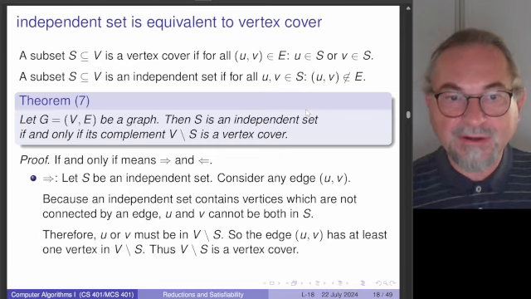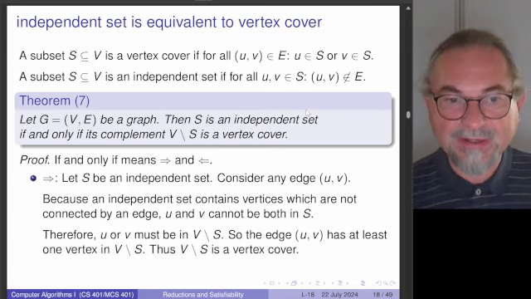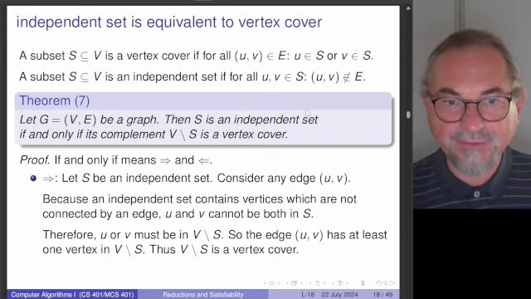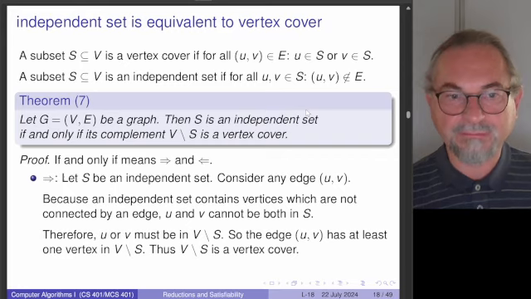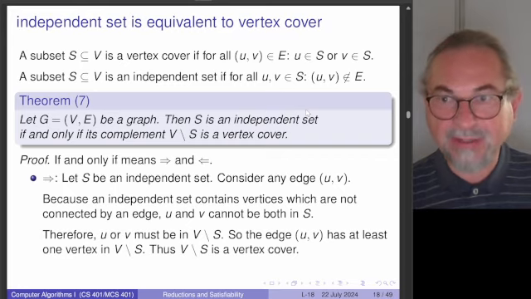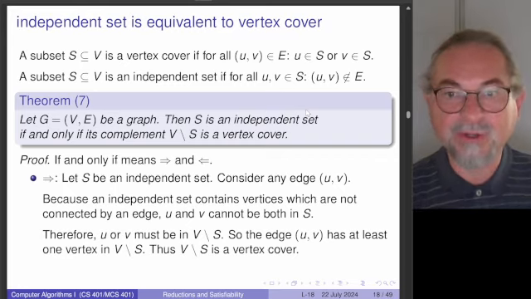What that means is that if you have an independent set, then u or v must be in the complement. So if you take the complement of an independent set, then you do have a vertex cover. That edge that you picked has at least one vertex in it.